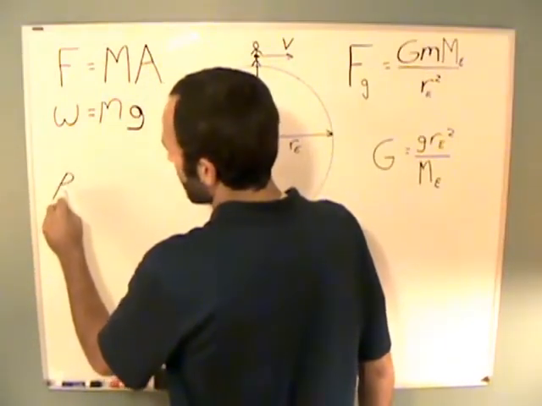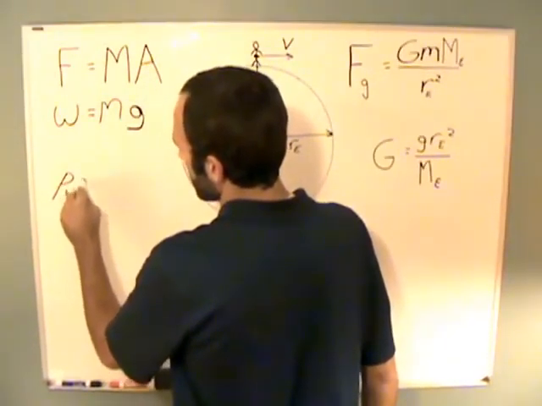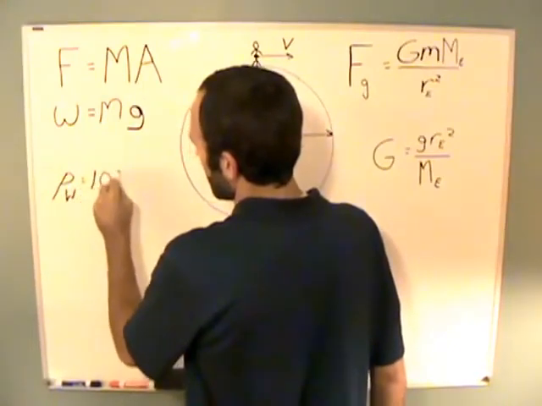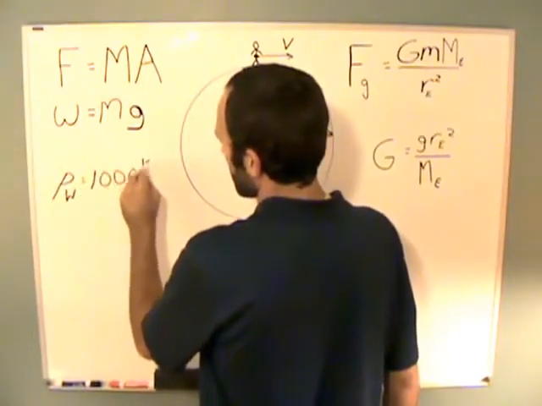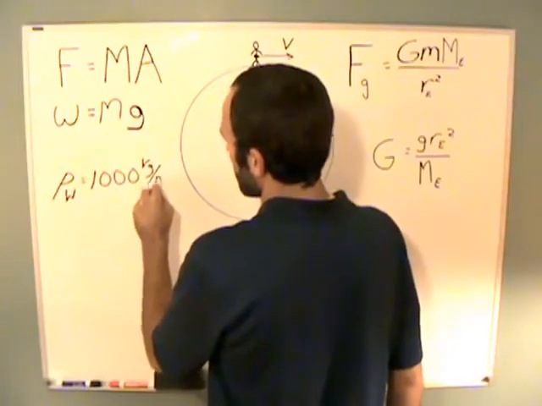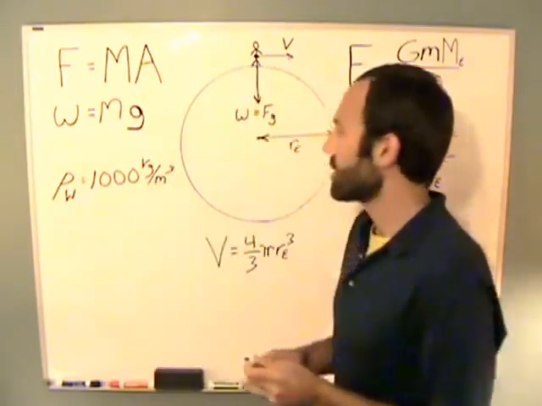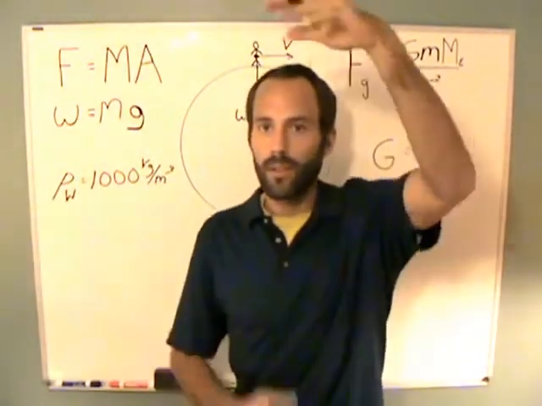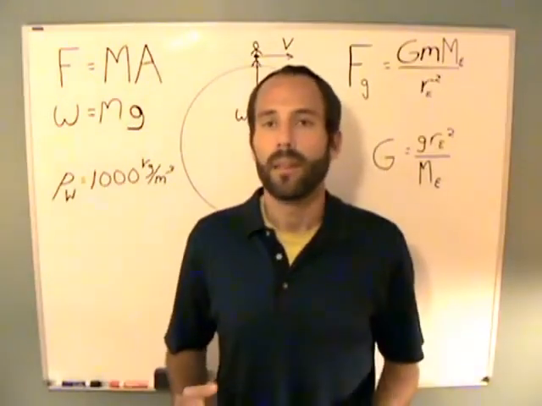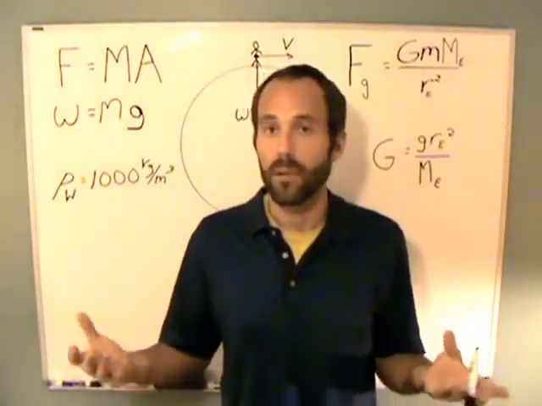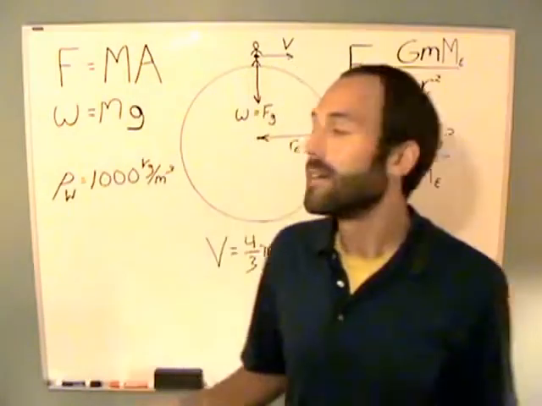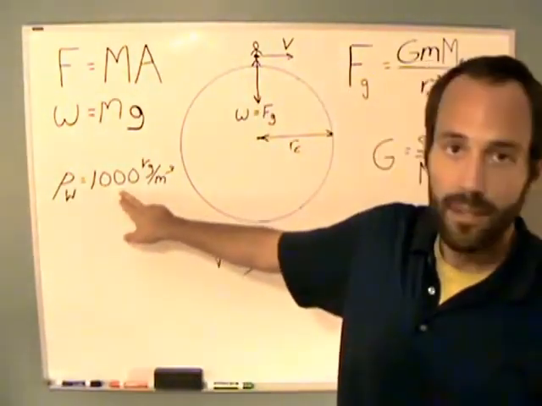Call rho density. Rho water is equal to 1,000 kilograms per meter cubed. What that says is, if you have something that holds a cubic meter of water, it weighs 1,000 kilograms.